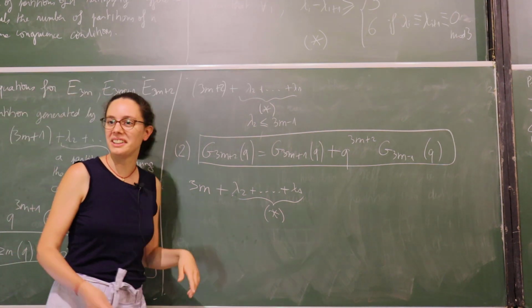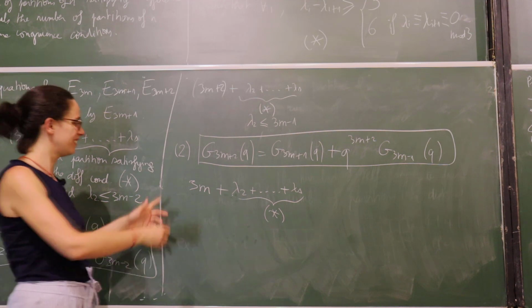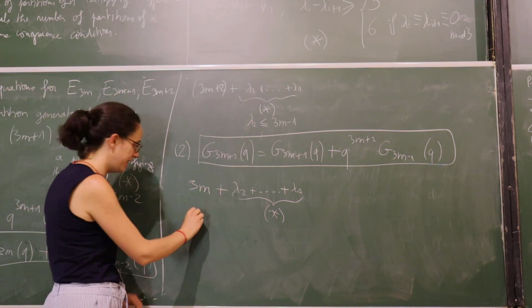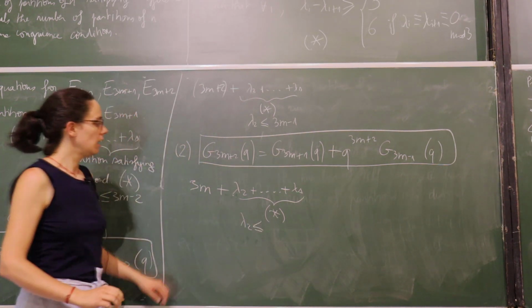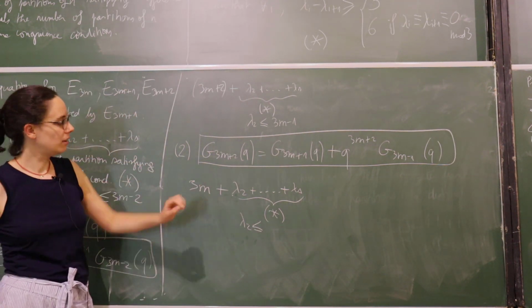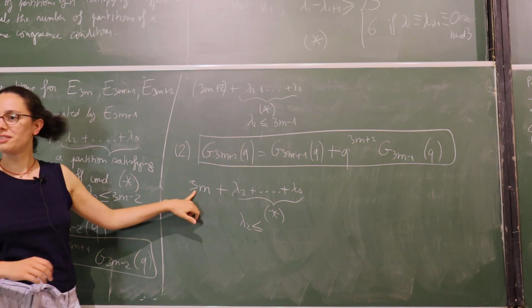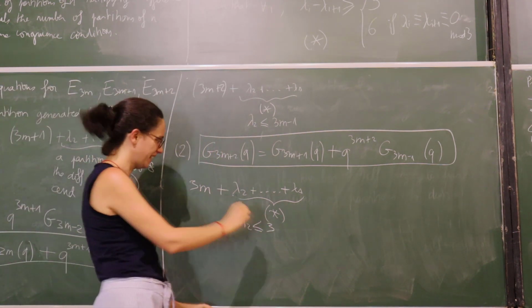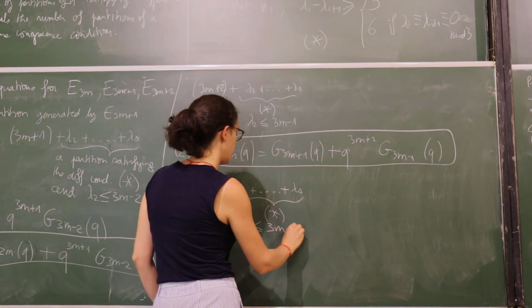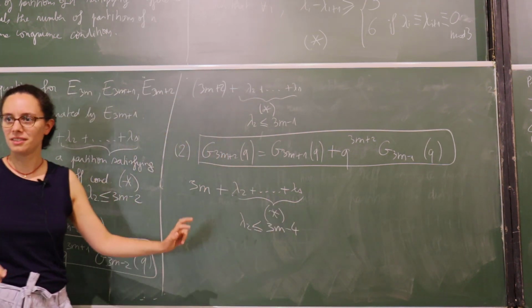So here we come back to what Karen said before, because all this combined means that lambda 2 now has to be at least 4 smaller than 3m. So it's at most, I said at least, but I meant at most, sorry. It's at most 3m-4.